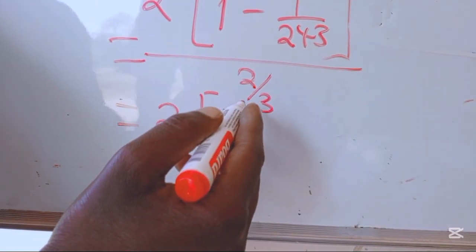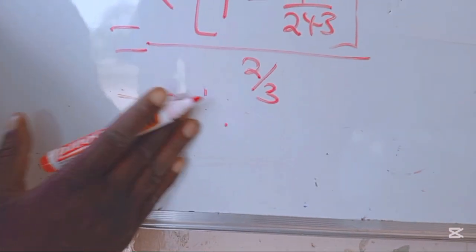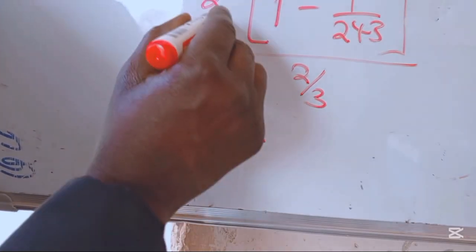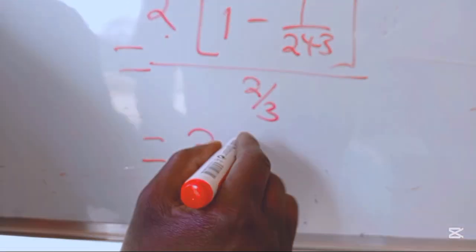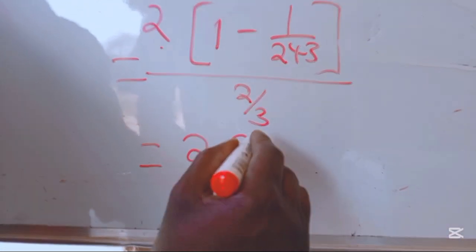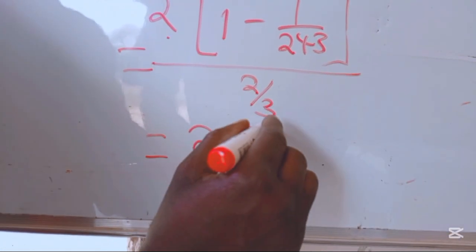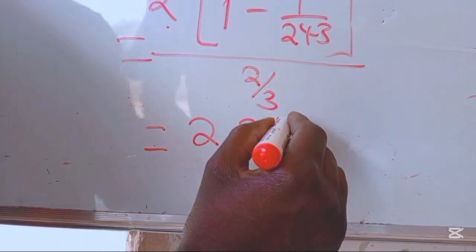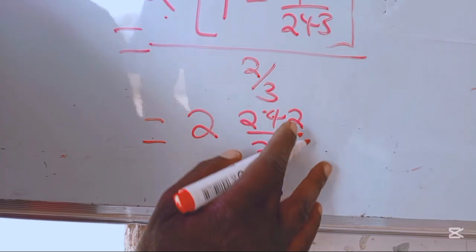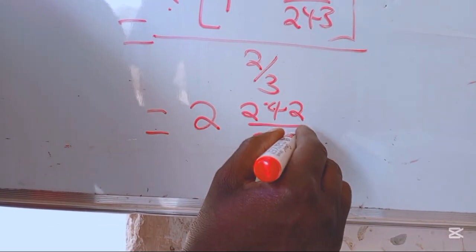What you are going to have is a 2 which is here outside, and here you are going to have 242 over 243. That's what you are going to remain with.